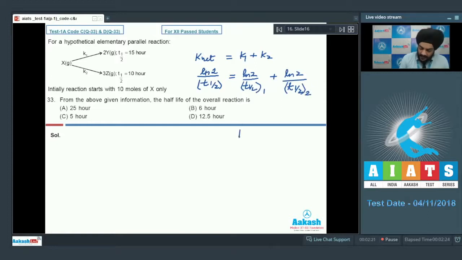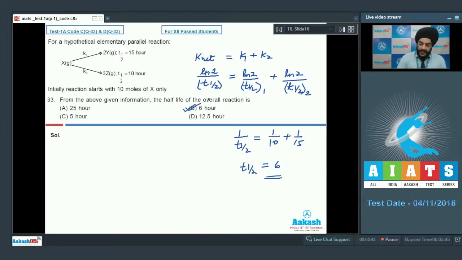So this can be simplified to give us 1 by T half is equal to 1 by 10 plus 1 by 15, which on simplification gives us a T half value of equal to 6 hours. So students, the option which we have to mark for this question is option B.